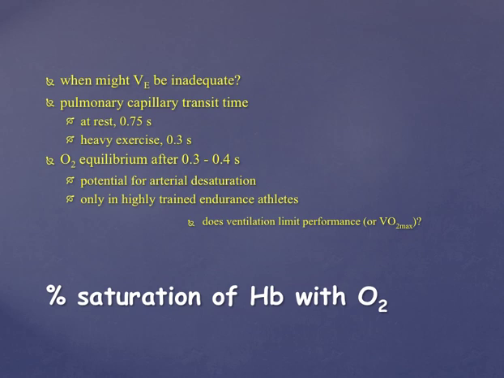So they've got great lungs, but greater demands of the muscles. Something's got to limit performance. So in untrained people, it tends to be the muscles, can't use oxygen. In the highly trained endurance athletes, and of course, people with pulmonary disease, ventilation can in fact limit performance.